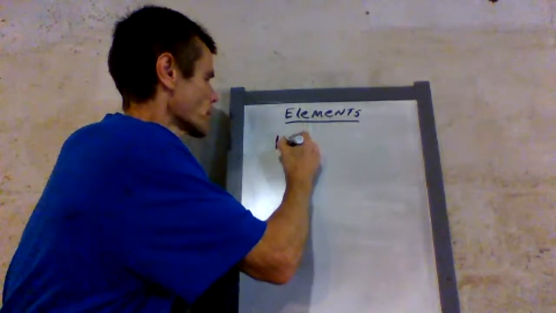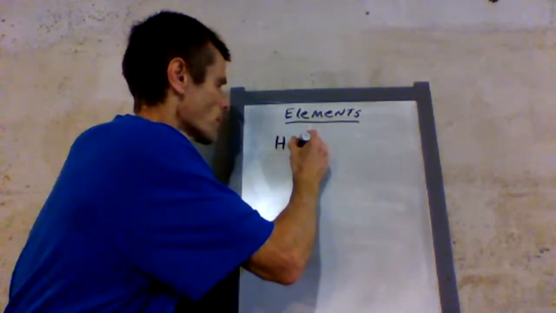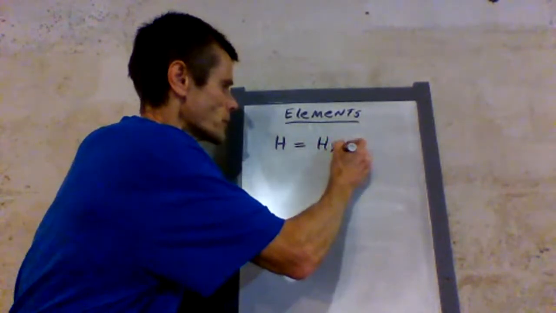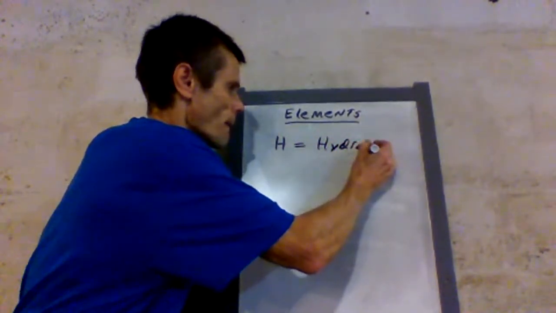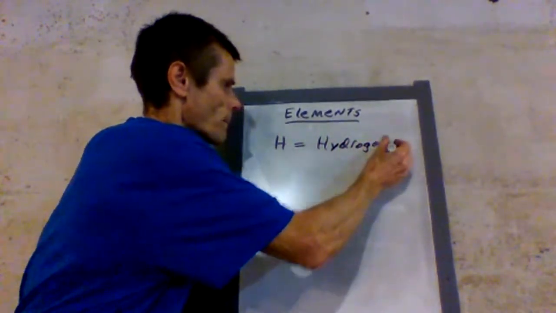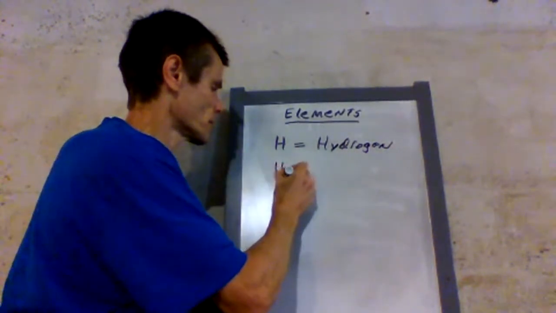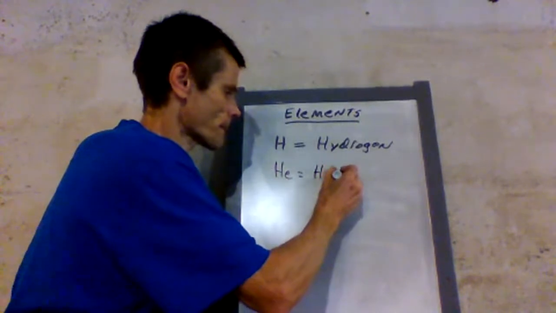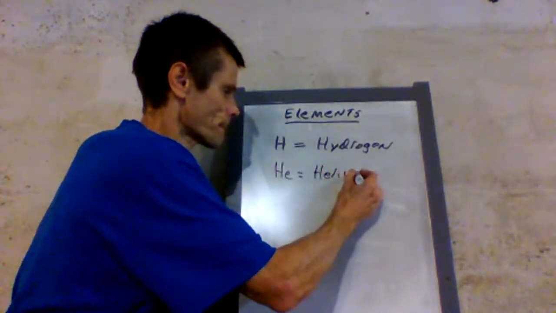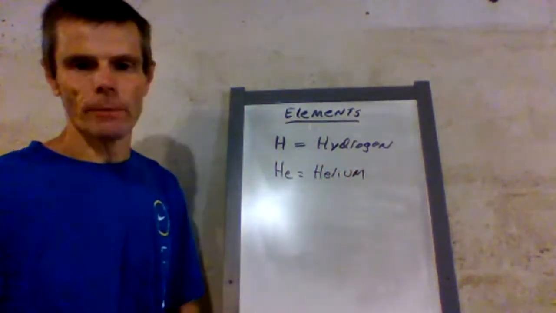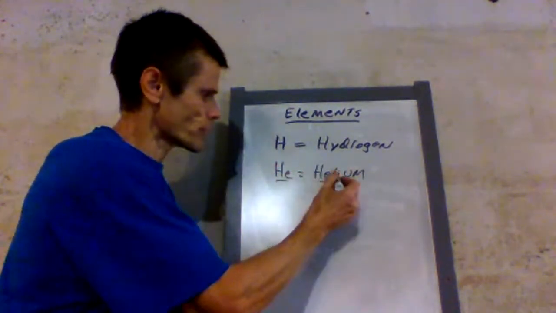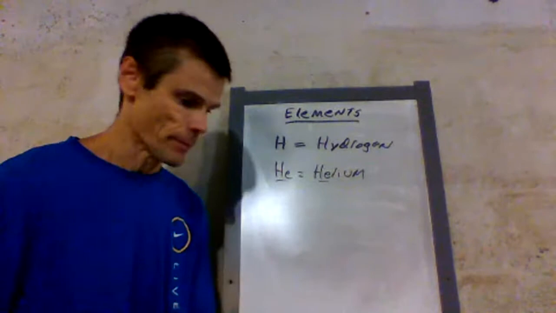If you turn to your periodic table, H is the abbreviation for hydrogen. He is the abbreviation for helium. So a lot of the elements simply use the first letter, and in some cases, they use the first two letters of the name of the element.